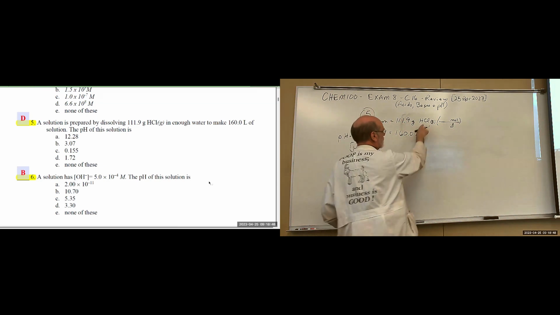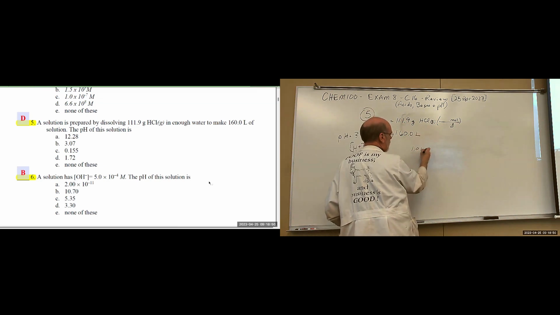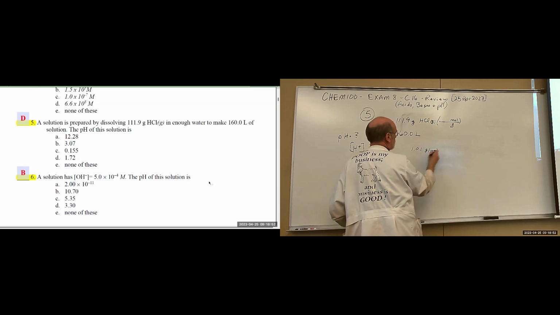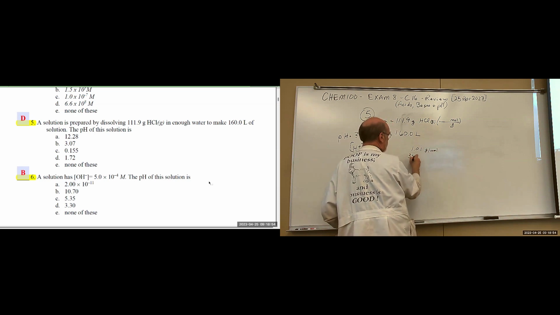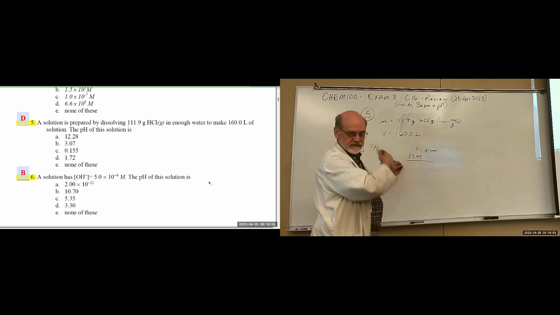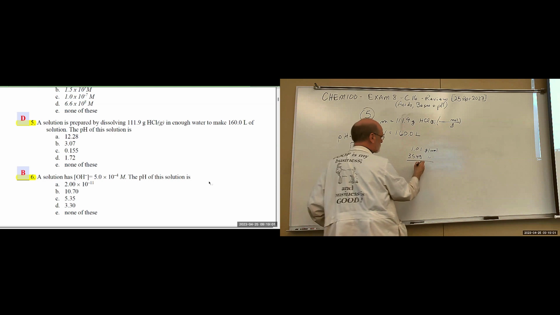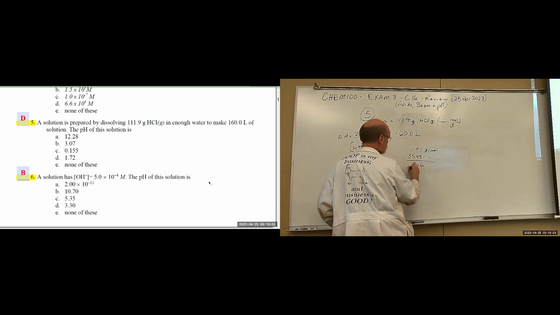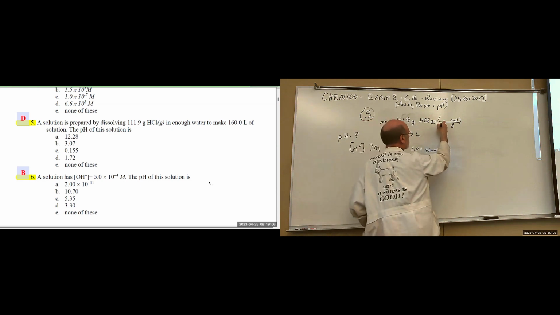So hydrogen is 1.01 grams per mole, and chlorine is 35.45. Right? It's on the periodic table. So 36.46.